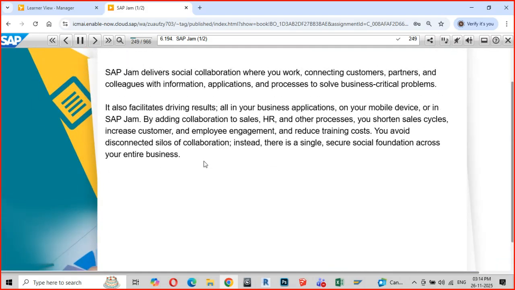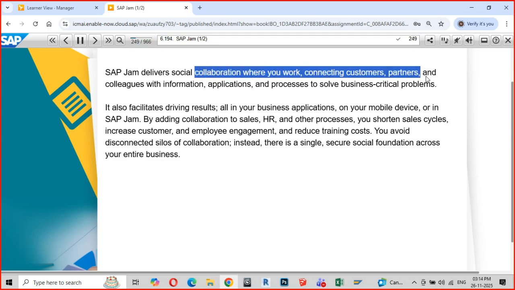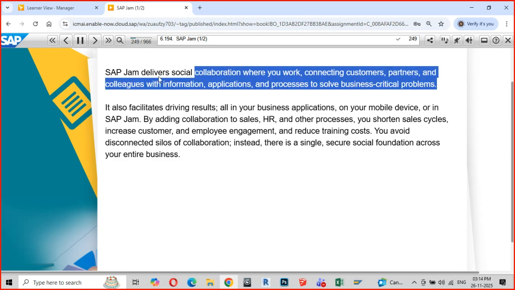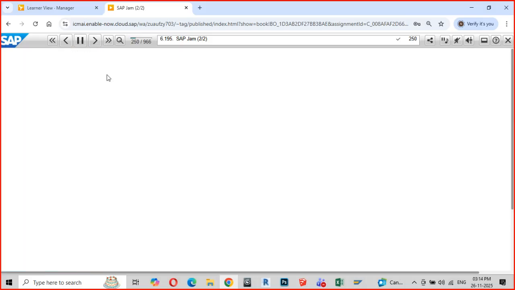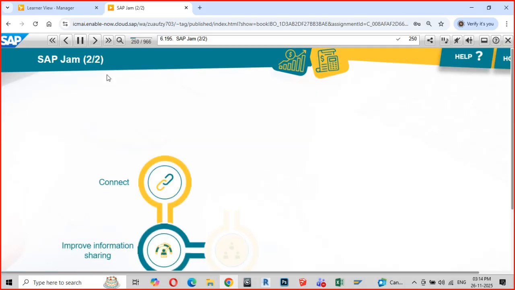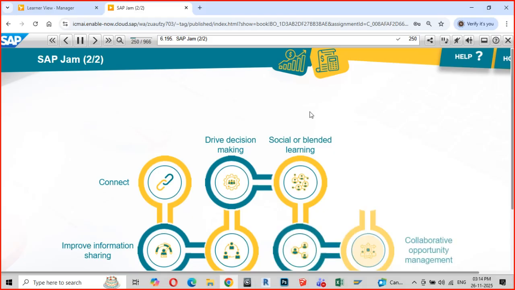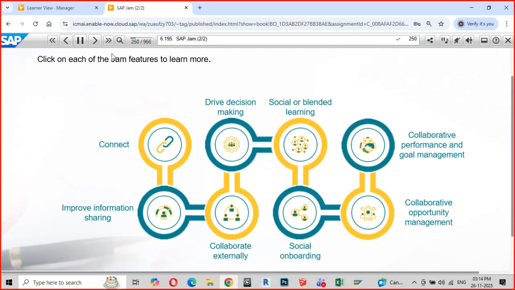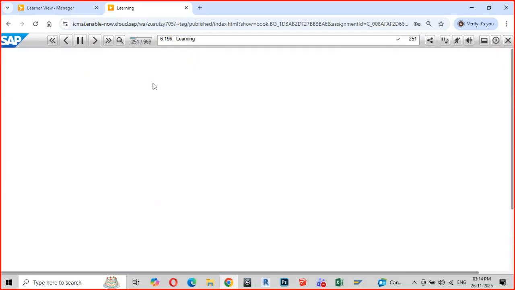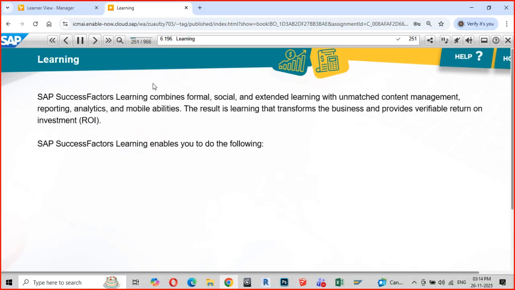So what is SAP Gen? It is a collaboration. SAP SuccessFactors Learning combines formal, social, extended learning with unmatched content management.